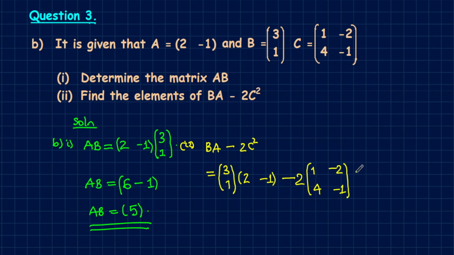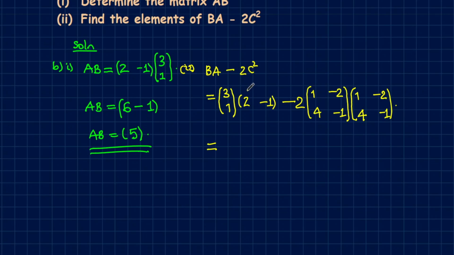Since it is squared, we can repeat it: 1, negative 2, 4, and negative 1. Let's multiply this part separately and this one before we subtract in the middle here, following the rules of matrix multiplication.